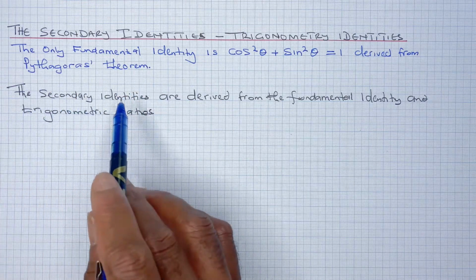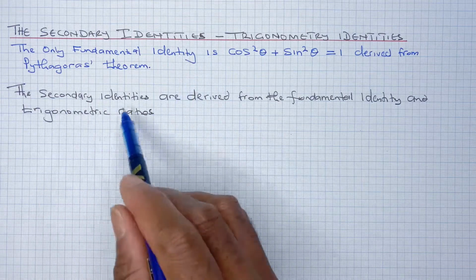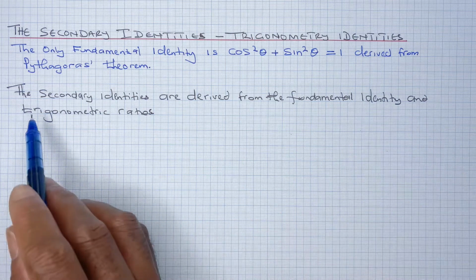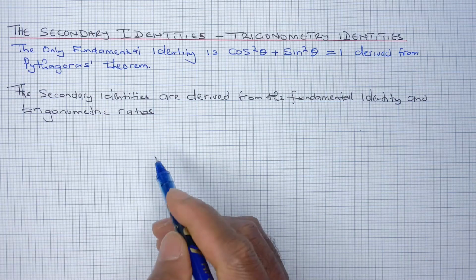The secondary identities, which is what we're about to do, are derived from the fundamental identity and trigonometric ratios.